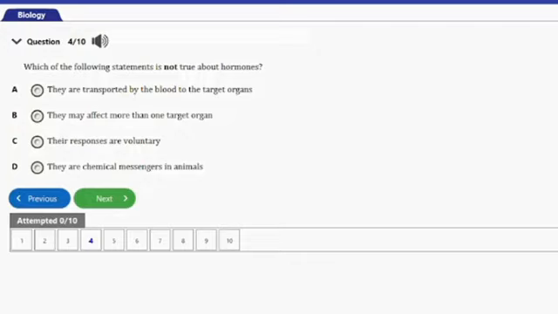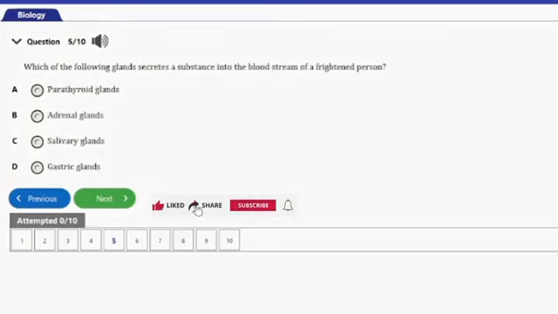So guys, the answer to this question here is option C. Their responses are voluntary. Responses of hormones are actually not voluntary, and that's the answer to this question. Option C is the answer here. So let's go ahead and consider the next question.